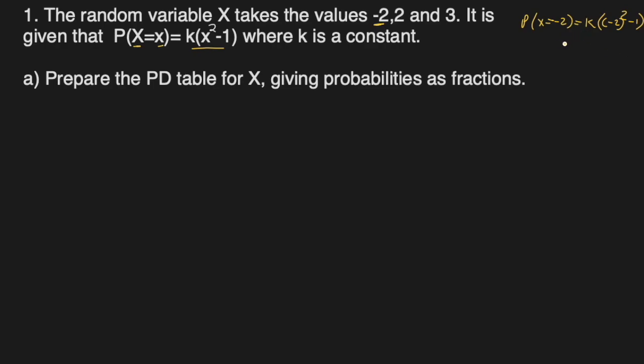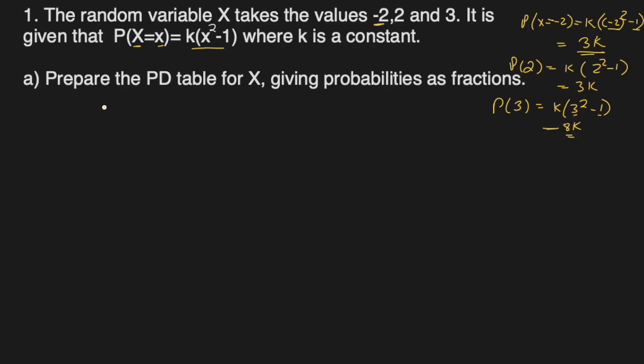If I evaluate this, it becomes 4 minus 1, 3k. The 3k is the probability of -2. Similarly, the probability of 2 will be k(2² - 1), which is again 3k. And the probability of 3 will be k(3² - 1), which is 9 minus 1, 8k.